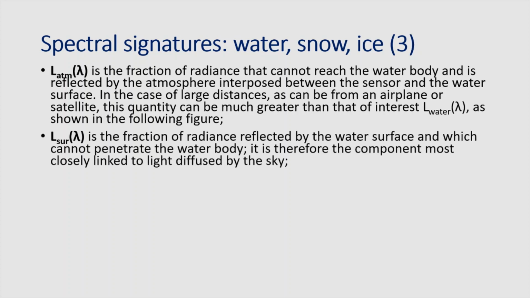The reflectance coming from the surface is due to the effects that, also when we have a larger and not so thin layer of water, the water is opaque. So what is reflecting is the surface of the water.